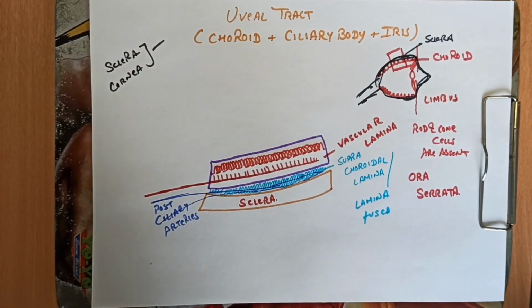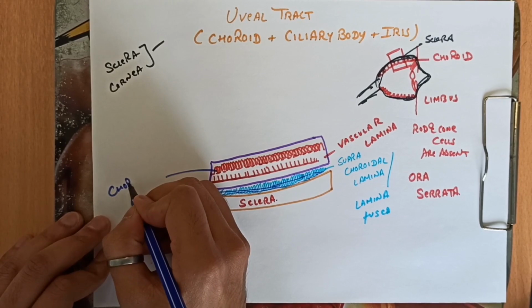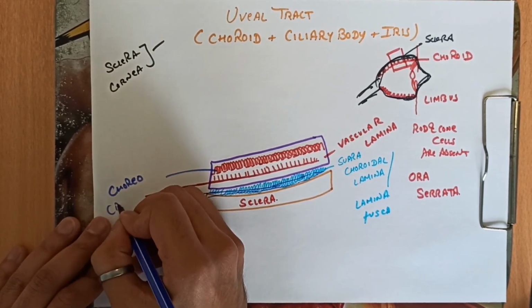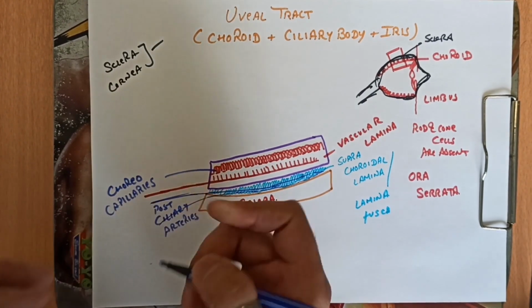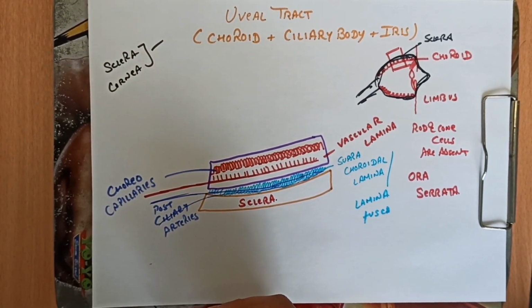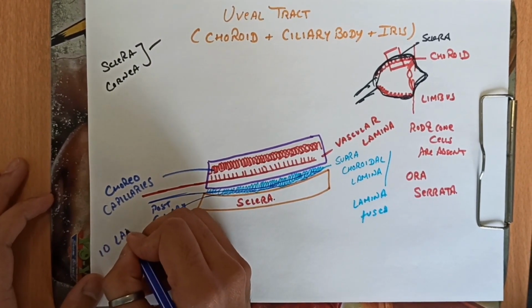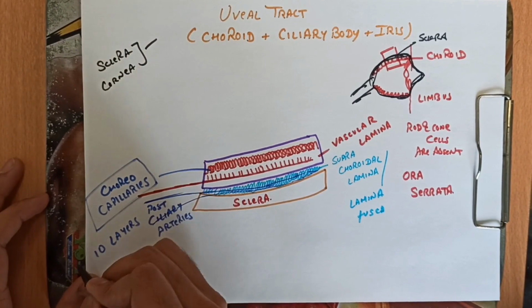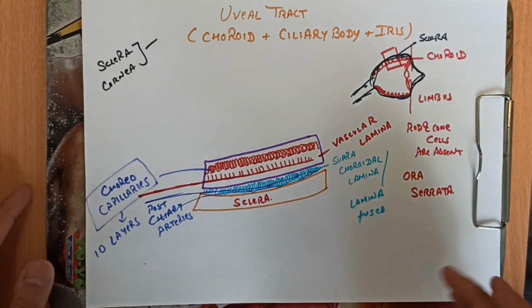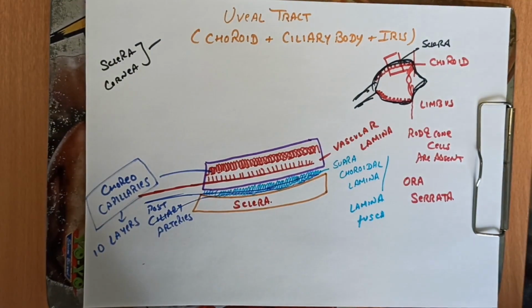These small loops are called the choriocapillaries. It must be noted that in the next videos I'll tell you about the layers of the retina. There are 10 layers of retina. Five layers of retina are supplied by the choriocapillaries, mainly the blood supply.